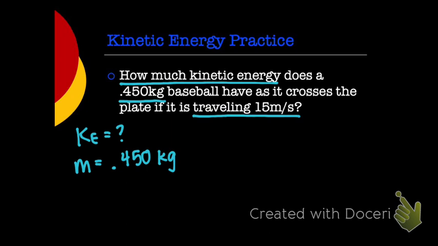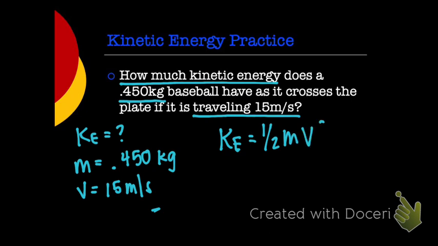It has to be velocity, 15 meters per second. And so now I just need to go find my kinetic energy equation. We said the equation for kinetic energy is 1/2 mv squared. Don't I have my mass? And don't I have my velocity? Yes. So all I need to do is plug those numbers in.